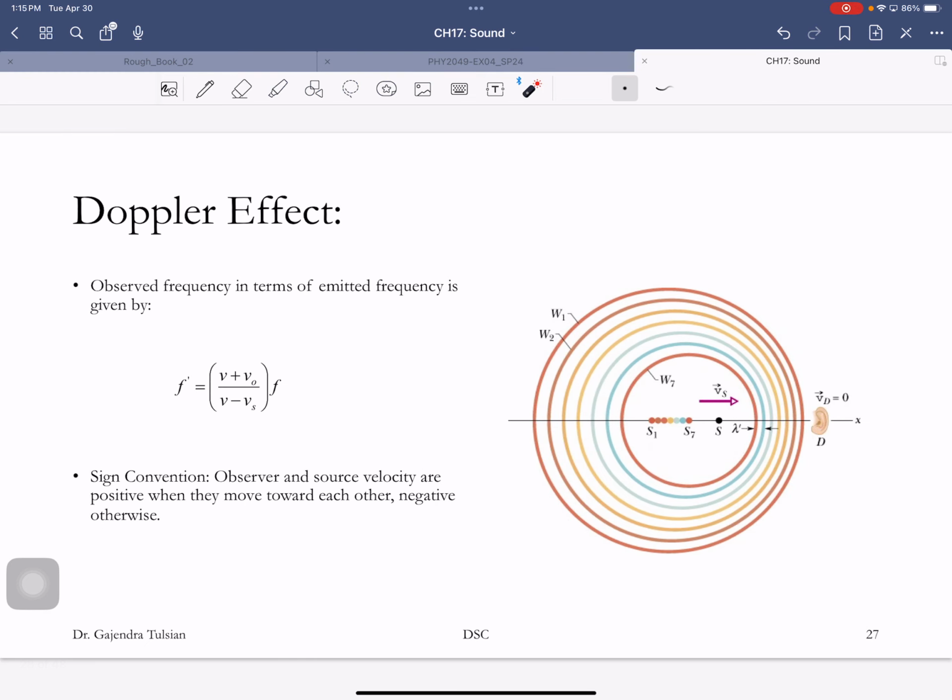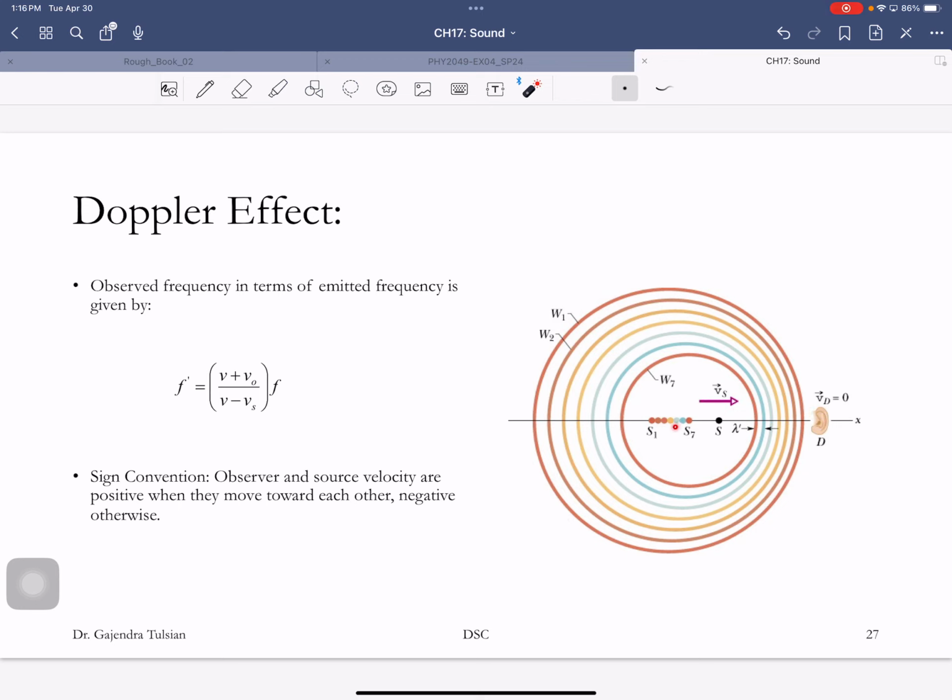All right, so here's a formula. V is the speed of sound in the medium. V0 is the observer's speed. Vs is the source speed. And this formula works, okay, now I say speed, but V0 and Vs are positive if you're moving toward each other.